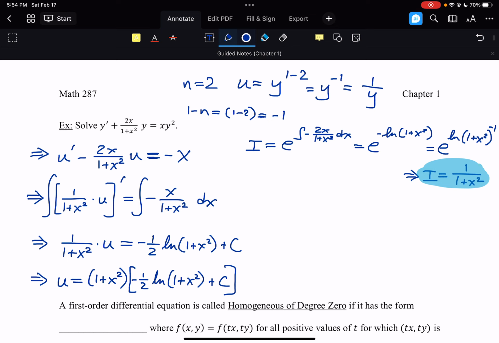Now, that would be the general solution if we were solving for u, but we're not solving for u, we're solving for y. So we need to put this back in terms of y again.